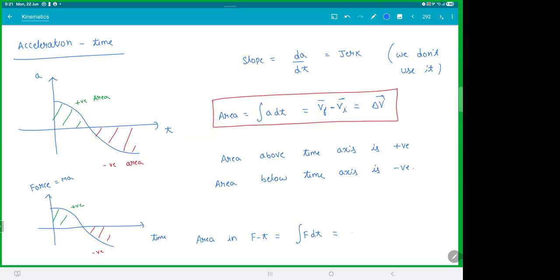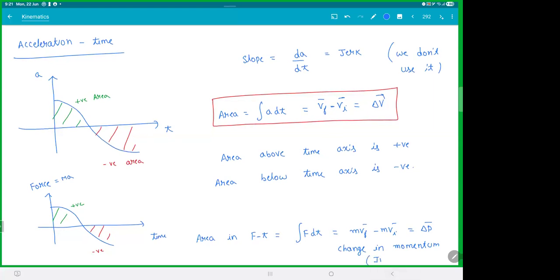M into V final minus M into V initial. We will talk about this later on another chapter, but in case you see anywhere, it is really not that different from AT graph. You're just multiplying mass. This is also called as impulse. Clear this? That's your AT graph. So AT, FT, they're almost the same except for the mass cut.